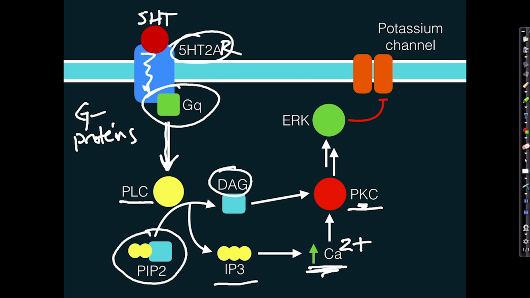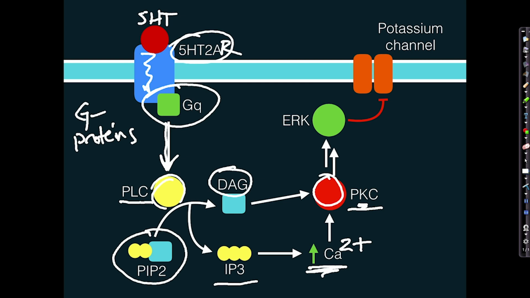However, I will tell you simply that protein kinase C is activated by both DAG and calcium. In fact, it's highly activated when there's both DAG and calcium. So together, overall, the activation of phospholipase C causes a dramatic activation of PKC.